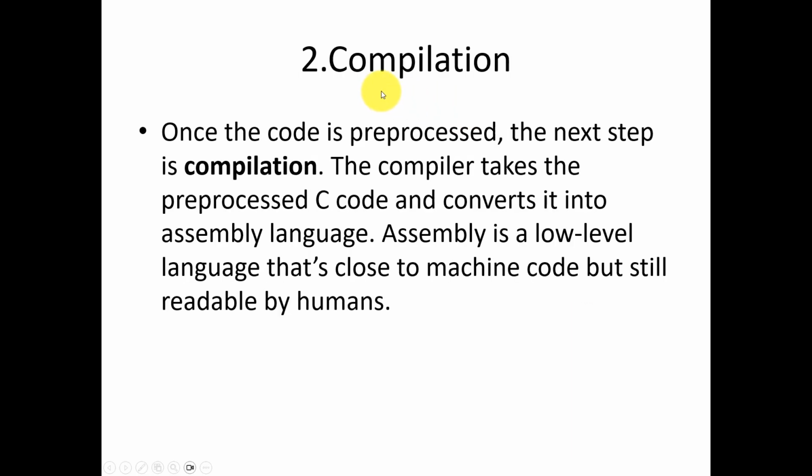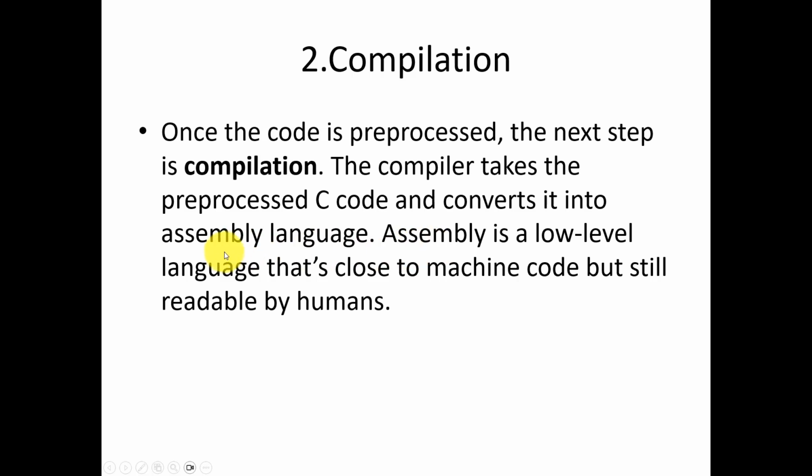The second step of the compilation process is the compilation itself. Once the code is preprocessed, the next step is compilation. The compiler takes the preprocessed C source code and converts it into assembly language.